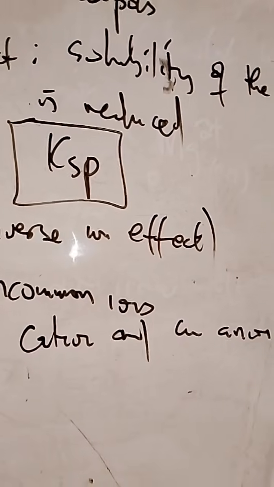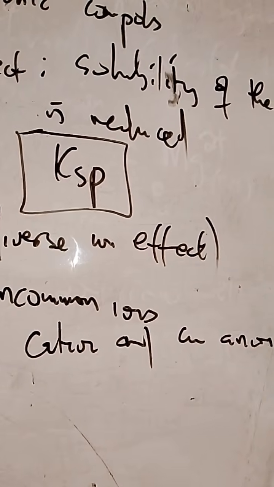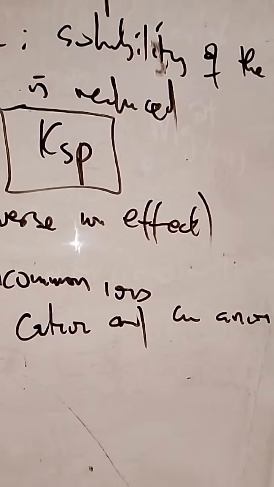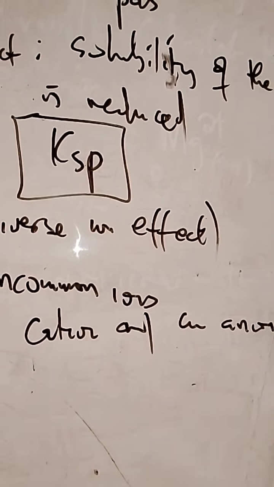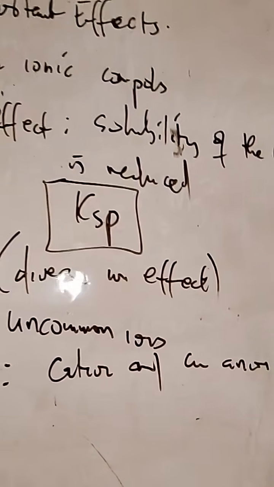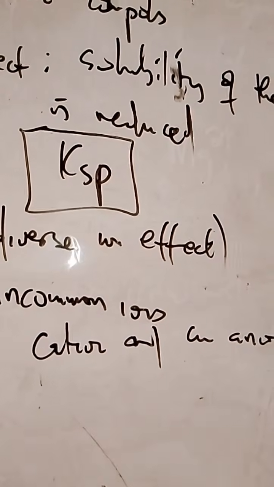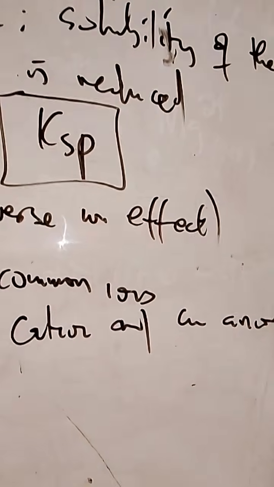The Ksp value calculated is less than the experimental value due to the ions involved in pairing. So to reach the calculated Ksp value, more solute must be added.